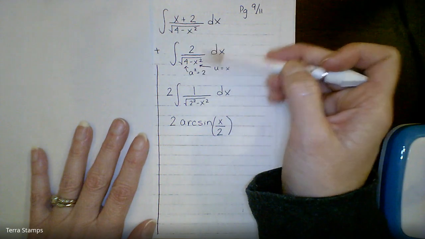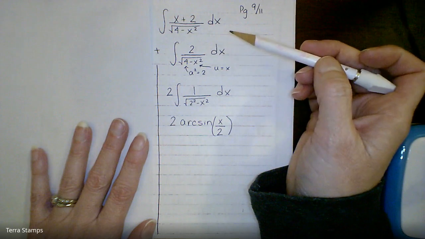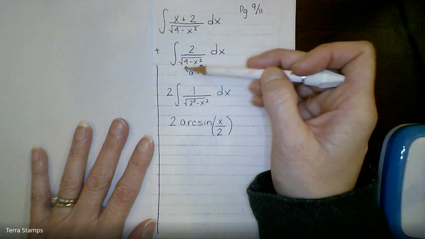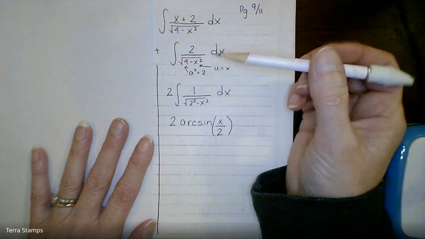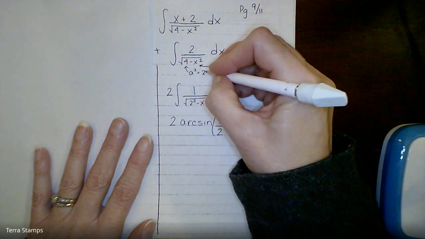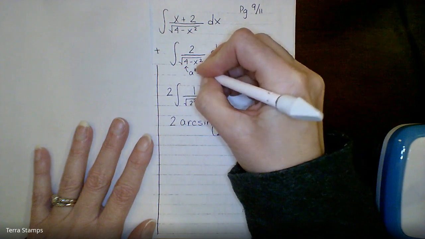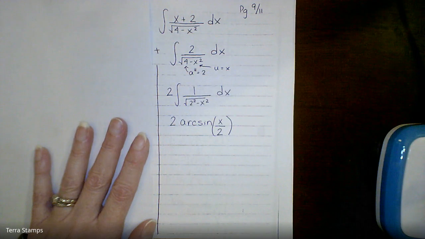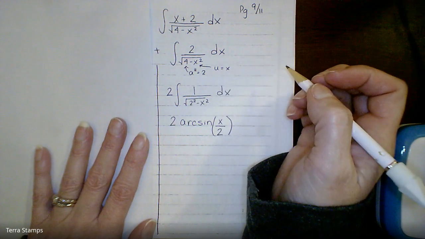This now has got some arc sine feel to it, where 4 is my a squared, so that means that a is 2. Oops, I wrote a squared is 2. a is 2. a squared is 4. And then my u is x.